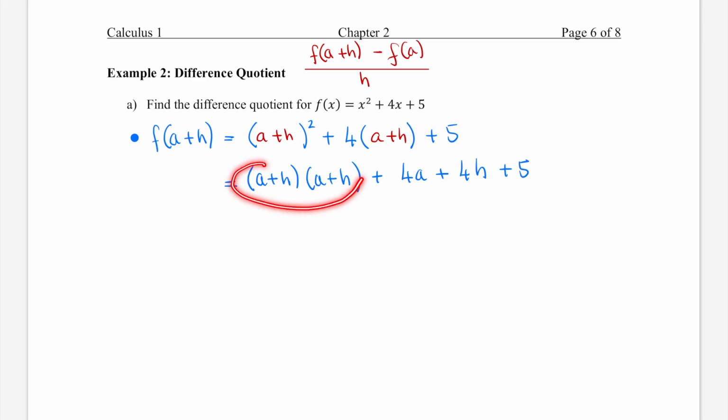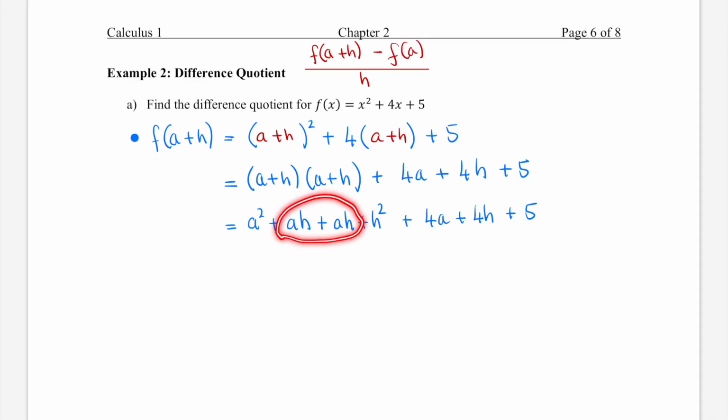I still need to multiply these two factors. a times a is a squared, a times h is ah, h times a is ah, h times h is h squared. Combining like terms, ah plus ah is 2ah.